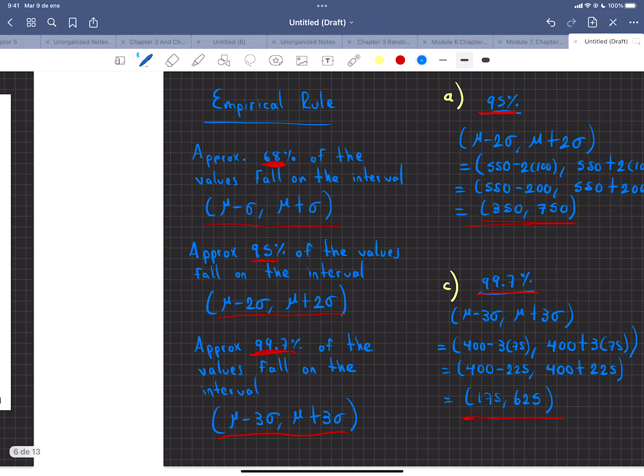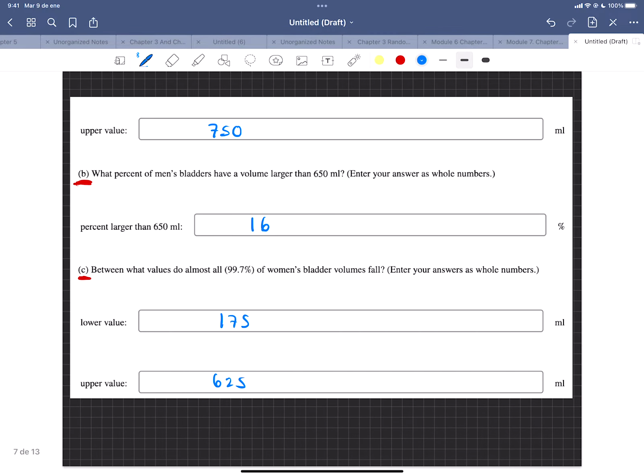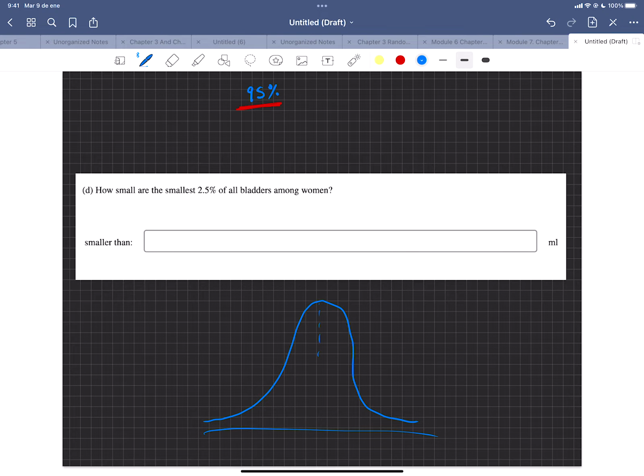The mean is 400, so this goes in the middle, the 400, and 95% means that we have 400 plus 2 standard deviations, and the shaded area is going to be 95%.